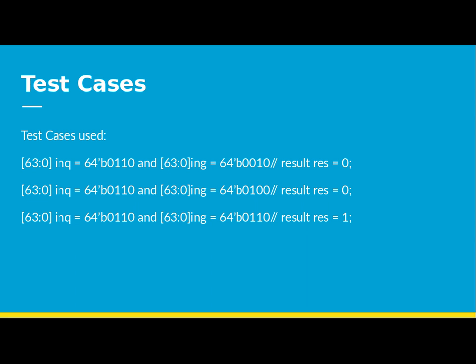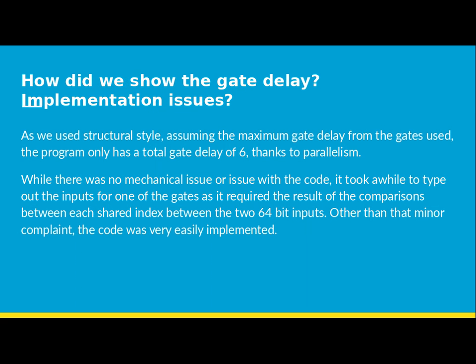Next slide, please. To avoid spoiling what gates we actually used, we calculated that the total gate delay of it is 6. Assuming maximum gate delay, you can tell us what gates you used, just don't give us the code. Oh, well, the gates we used were the XNOR gate and one very massive AND gate.